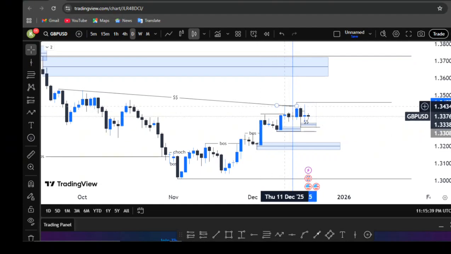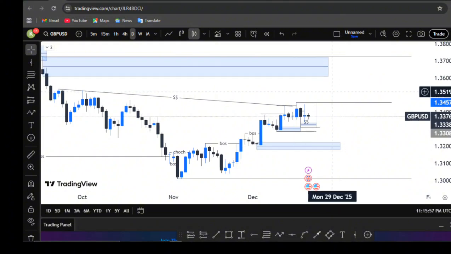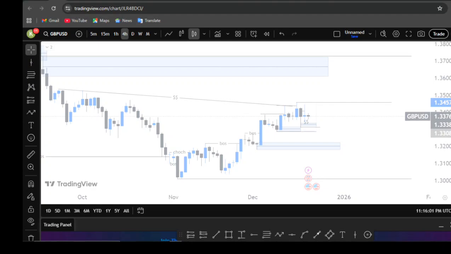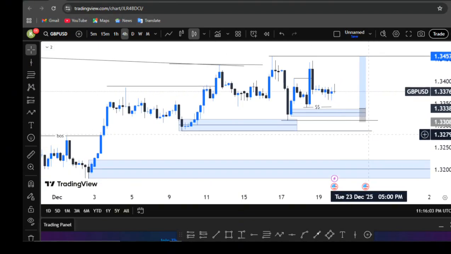But instead, when the market gave us this break of structure, it came and swept some liquidity off this trend line, and then it somehow rejected. So I want to see this trend line in H4, whether it was a break of structure or it was still a rejection.